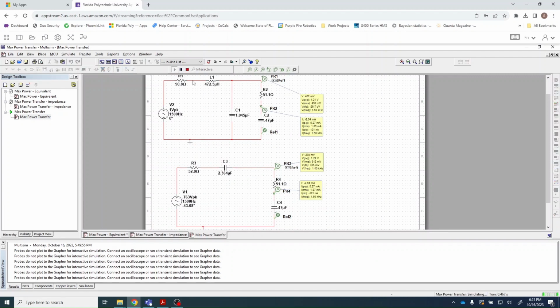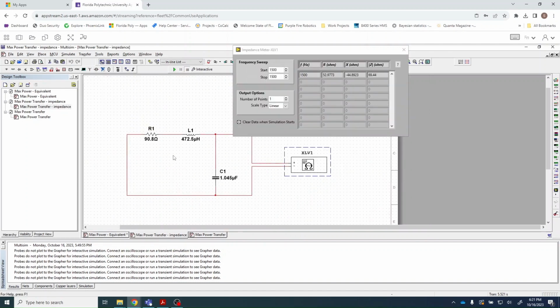We showed that we can take this network here, this circuit, transform it into this. And as far as the load is concerned, which remains unchanged, it's the same circuit. The voltage drop across it is the same before and after transformation, right? So that was Thevenin.